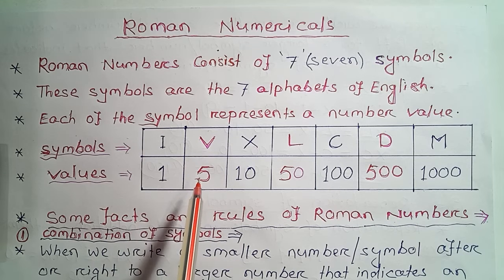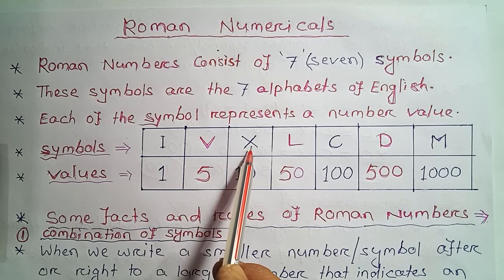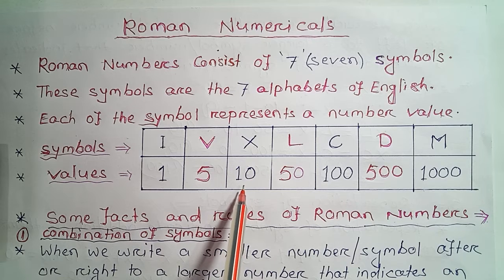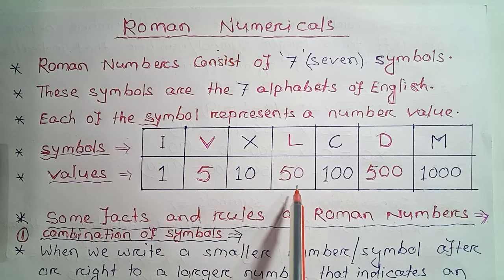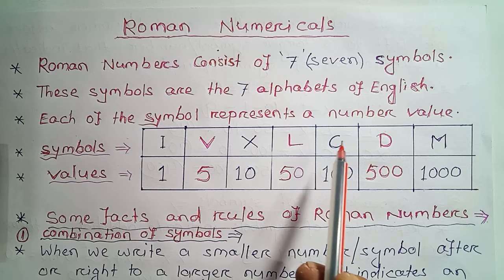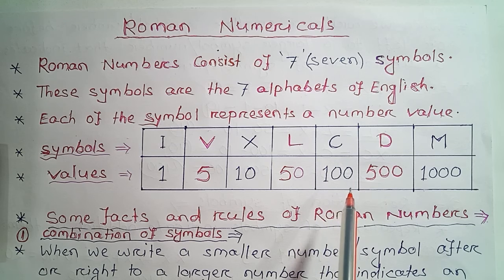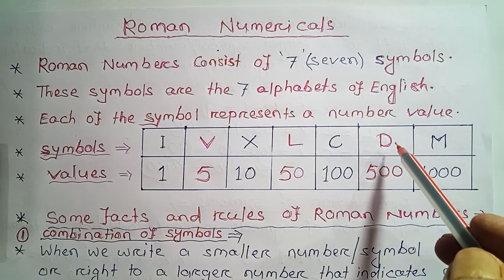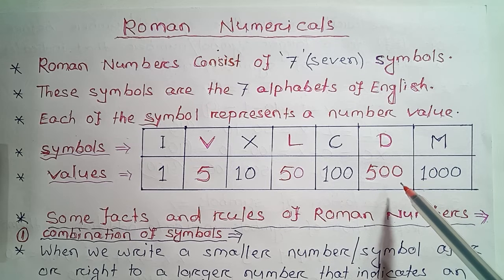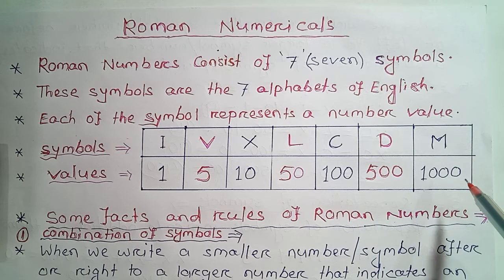For V, the value is 5. For X, the value is 10. For L, the value is 50. For C, the value is 100. And for D, the value is 500. And for M, the value is 1000.